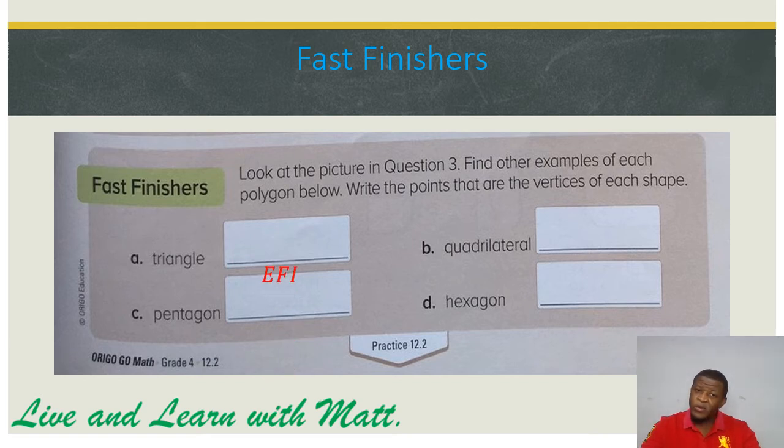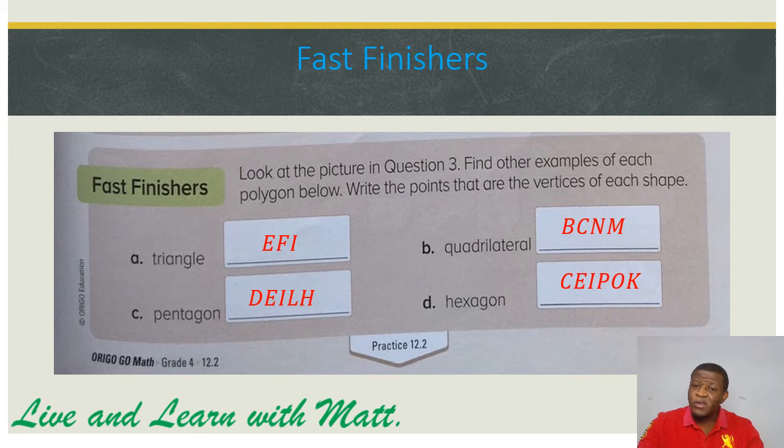So for the triangle, we can have E, F, I. For the quadrilateral, we can have B, C, and M. For the pentagon, D, E, I, L, H. For the hexagon, C, E, I, P, O, K.